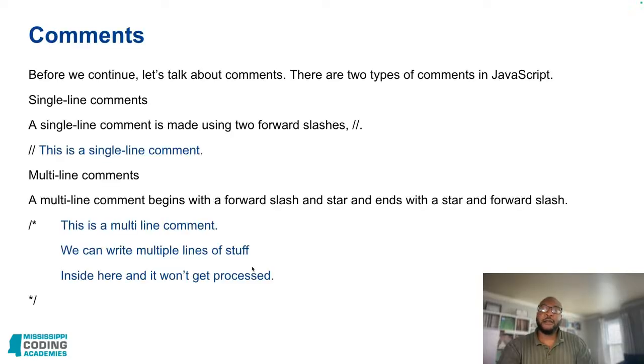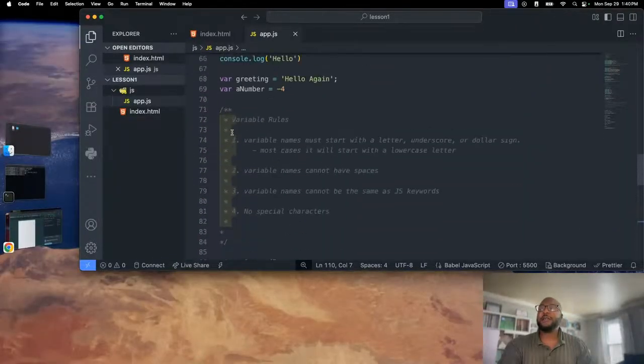All right. Before we move any further, let's talk again about these comments. You have two types of comments in JavaScript. You have the single line comments, which is just 2 forward slashes. And then you have multi-line comments, where you have /* at the beginning and then end it with a */. And you can write, as you can see, multiple lines of comments like so.